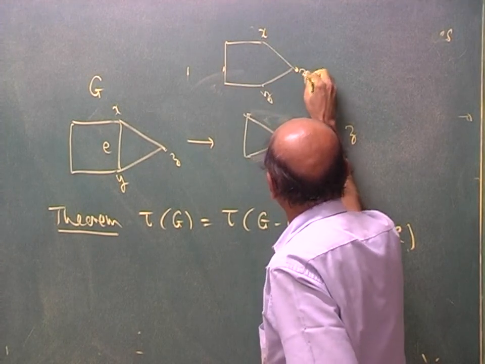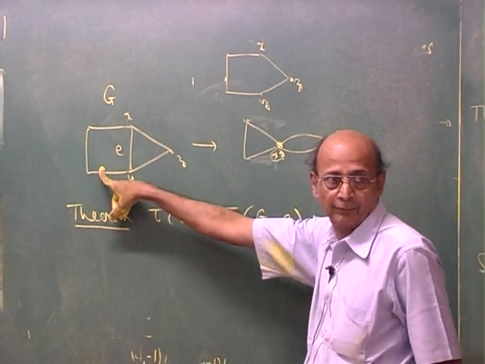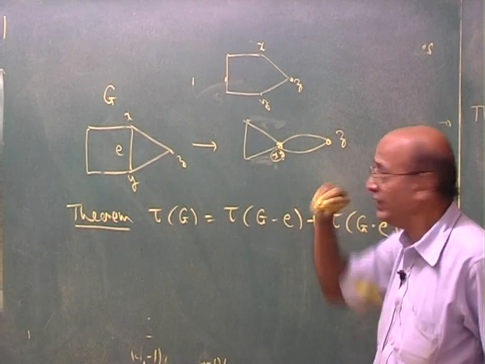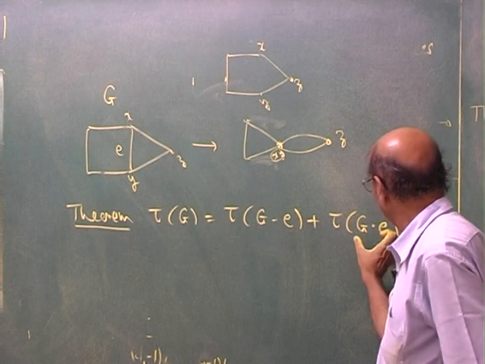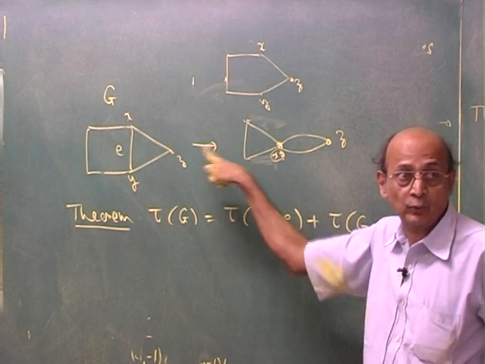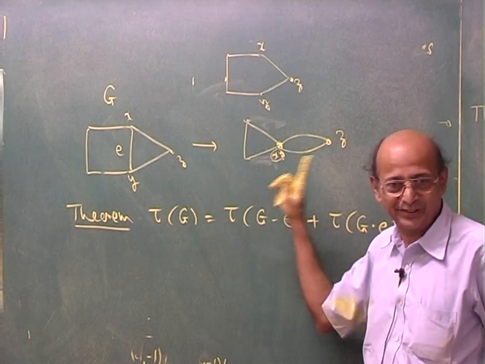Anything which is a spanning tree in this will also become a spanning tree in that, clearly. Plus those spanning trees which must use that edge. Any spanning tree which uses that edge actually corresponds to, there is a one-to-one correspondence between these. This is something I am leaving to you to work out.